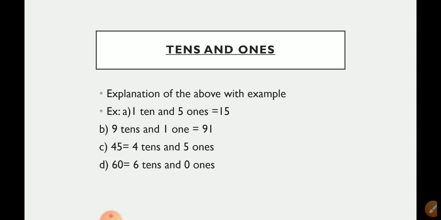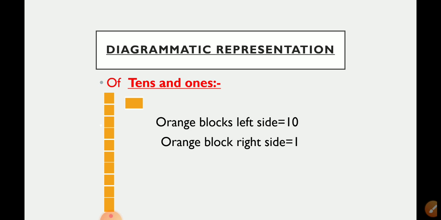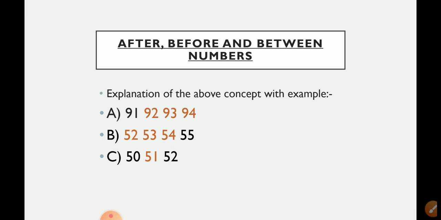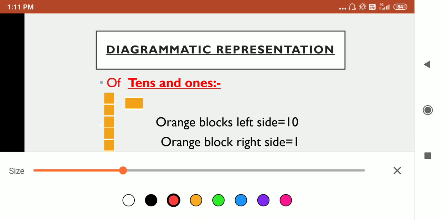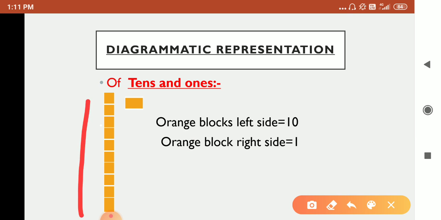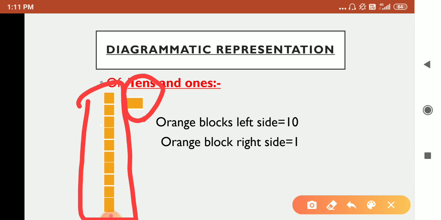Now what does this mean? For this explanation, I will be just giving you a diagrammatic representation. Kindly please follow. See here in this tens and ones explanation, diagrammatic representation is like this. The orange blocks which you can see to the left hand side are 10 in number, and then the orange block to the right hand side, this part is 1.